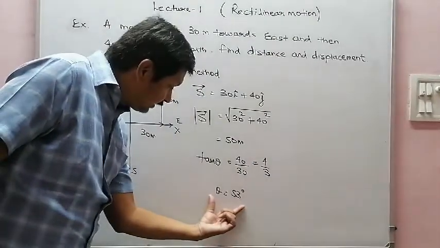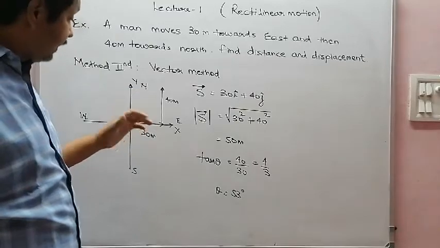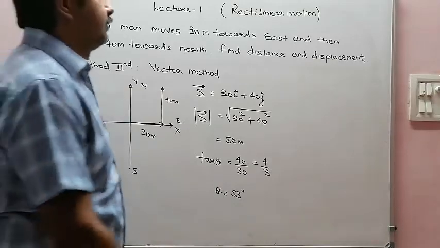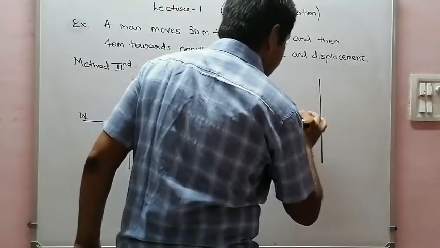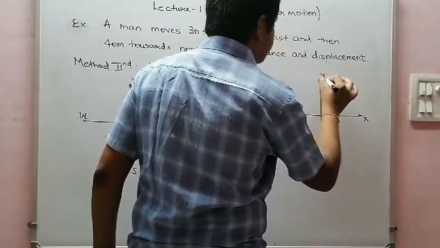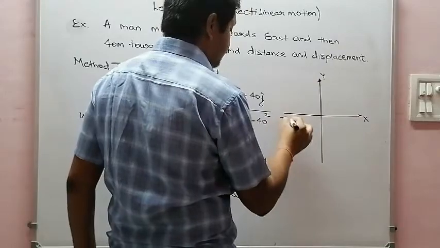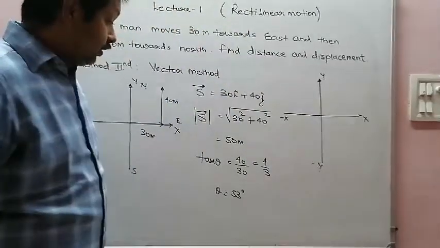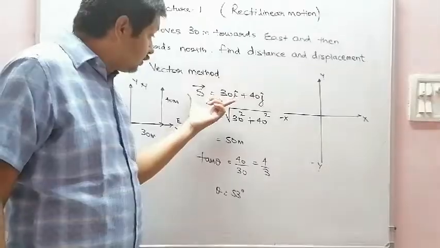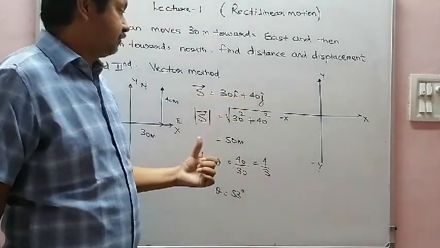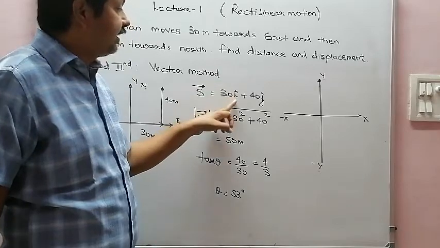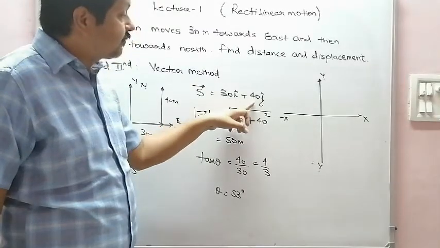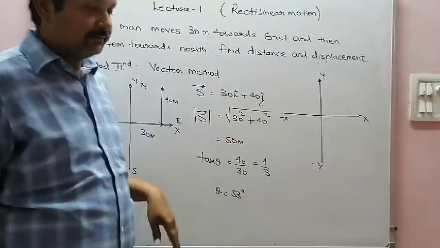Now this angle of 53 degree will be made with the x-axis, and the x-axis occurs in all four quadrants. So in which quadrant? x-axis, y-axis, positive x-axis, negative x-axis, negative y-axis, first quadrant, second quadrant, third quadrant, fourth quadrant. To find in which quadrant this vector lies, look at its i cap and j cap components. If i cap component is positive and j cap component is positive, then the vector lies in first quadrant.